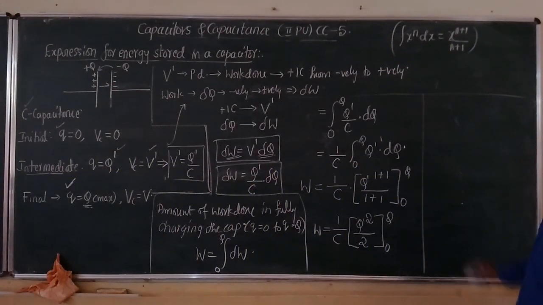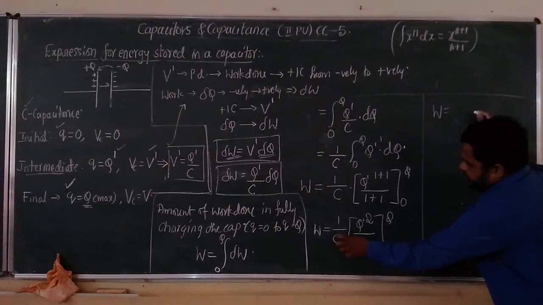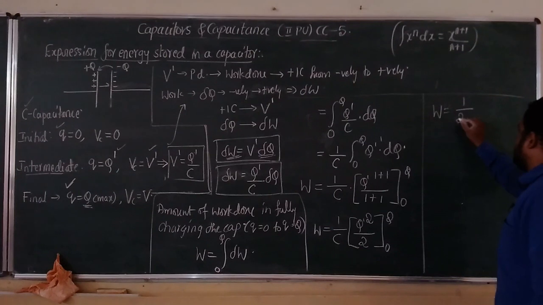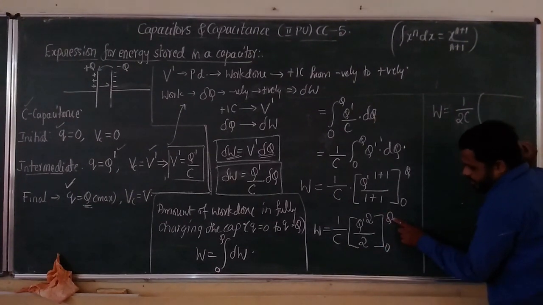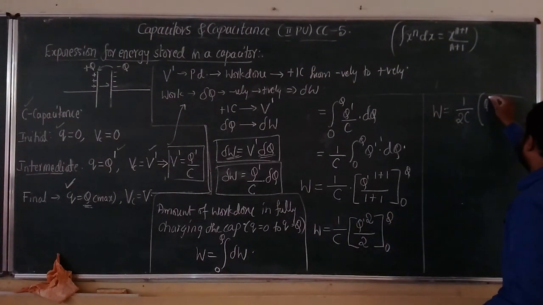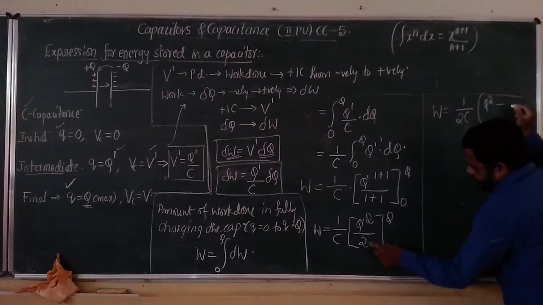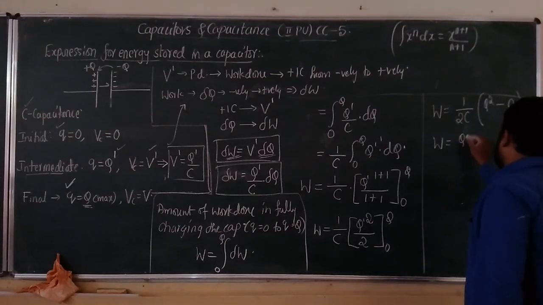W is equal to 1 by 2C into Q dash square, with upper limit Q. Put Q dash equal to Q and you will get Q square minus the lower limit, that is 0. So W is equal to Q square divided by 2C.